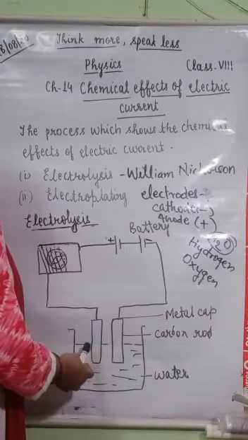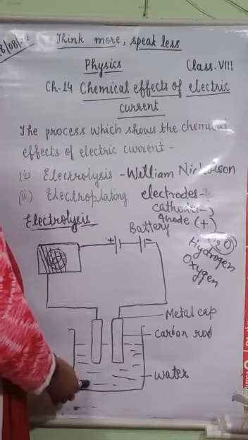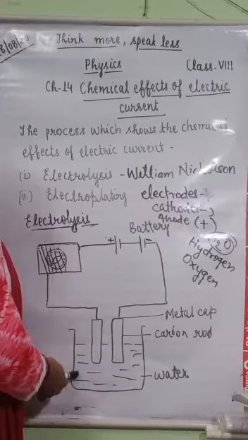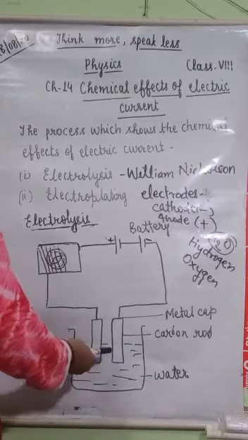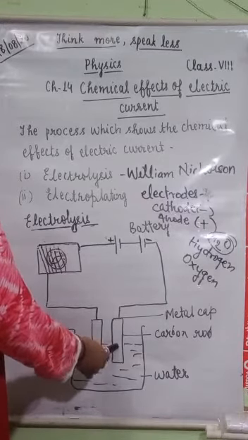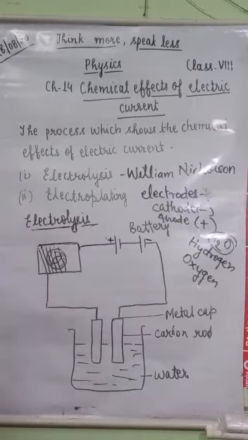So when these electrodes are dipped in water and electric current passes, you will see bubbles near the electrodes. These bubbles show that a chemical reaction takes place in this electrolytic solution.